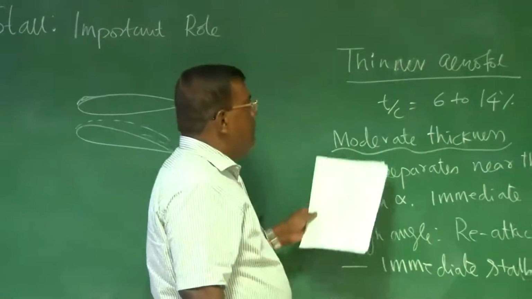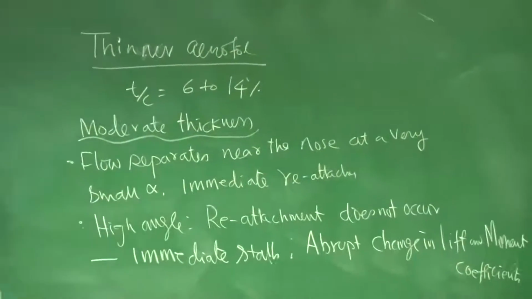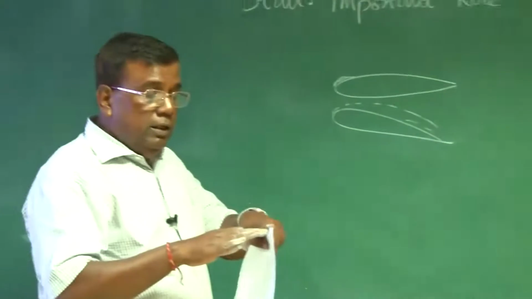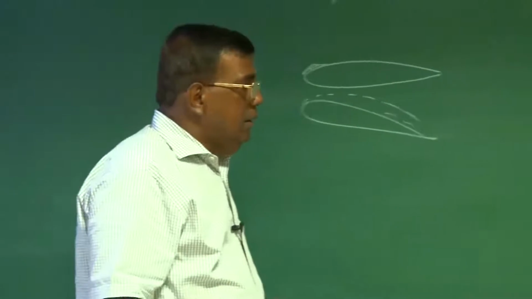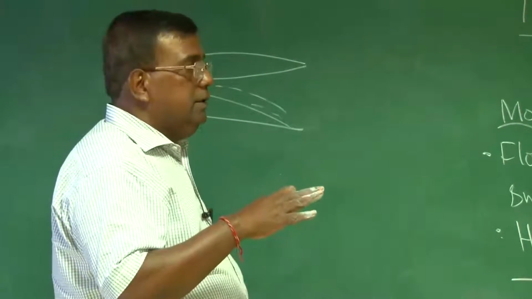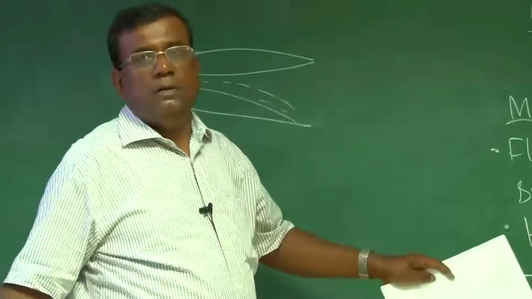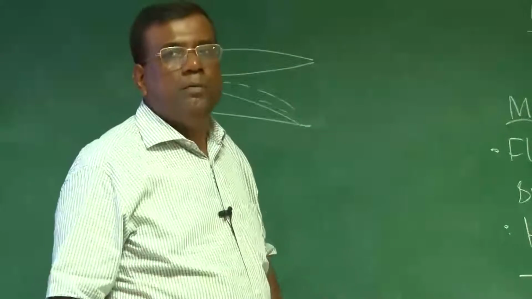What is the beauty of those aerofoil? The flow separates near the nose at a very small angle of attack. But at small angle, flow separates but reattaches. But as you increase the angle of attack, there is no reattachment and suddenly the flow stalls, or the flow separates. And there is an abrupt change in CL and pitching moment.